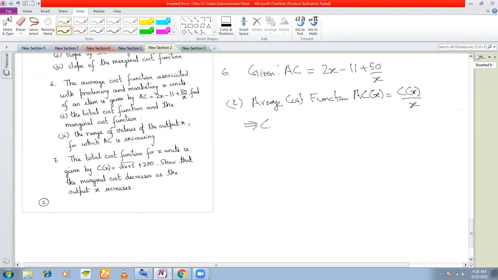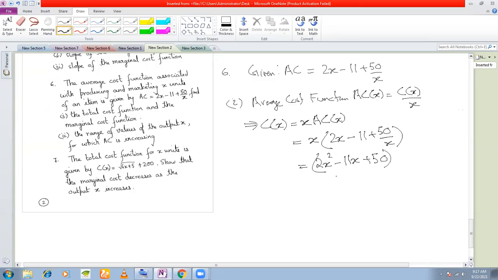That means what should be the total cost function? It should be x into the average cost function. The average cost function is given to you, 2x minus 11 plus 50 by x, which is equal to 2x square minus 11x plus 50. This is the total cost function.